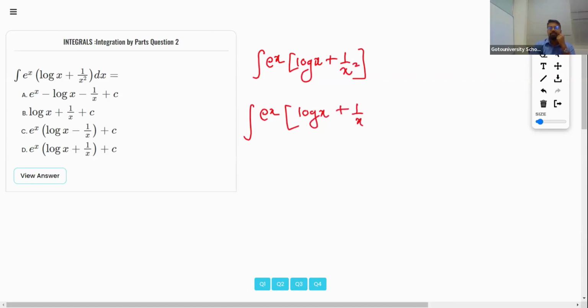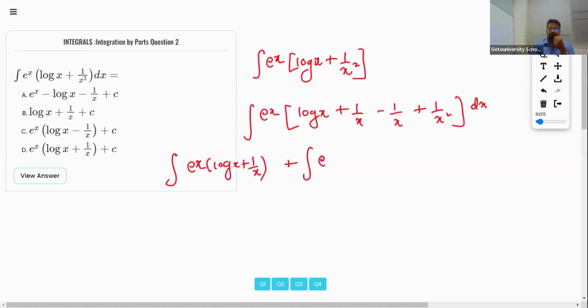I'm adding that and subtracting 1 by x, plus 1 by x squared. I'm going to split this question as integral of e power x log x plus 1 by x, plus integral of e power x times 1 by x minus 1 by x squared, dx.